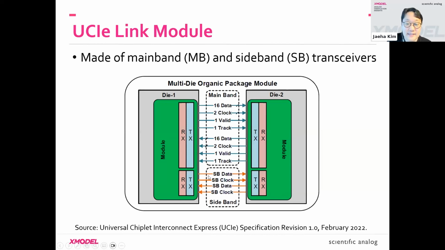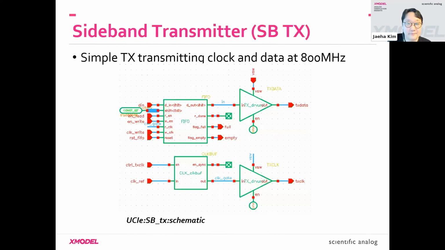Sideband transceivers are for exchanging some auxiliary messages during the training process, and they operate at a much lower rate of 800 megahertz. But we still need those transceivers to complete the whole PHY layer.